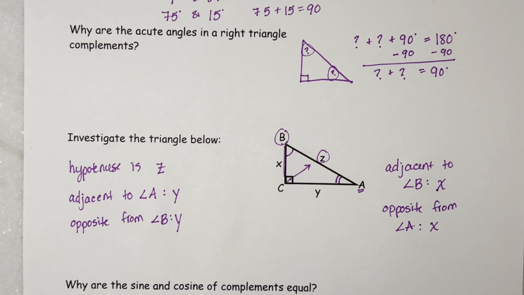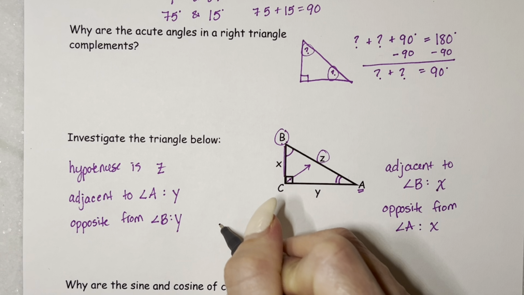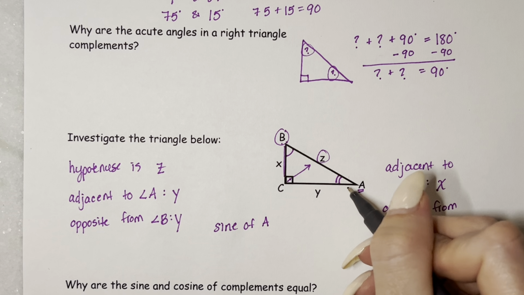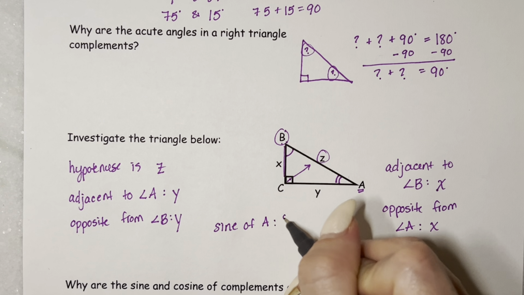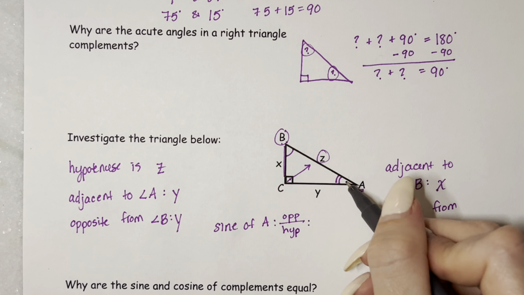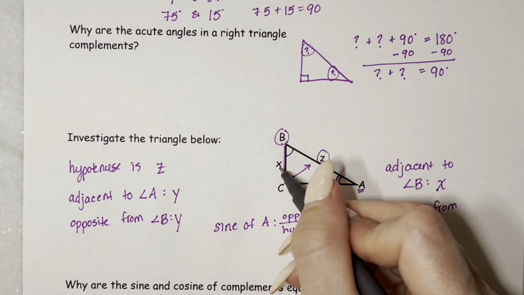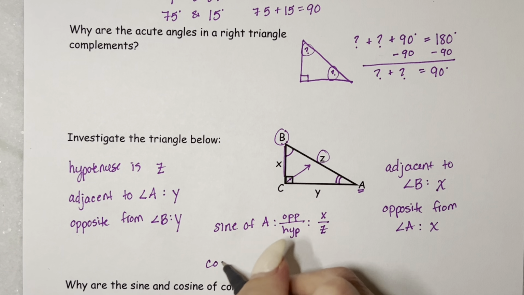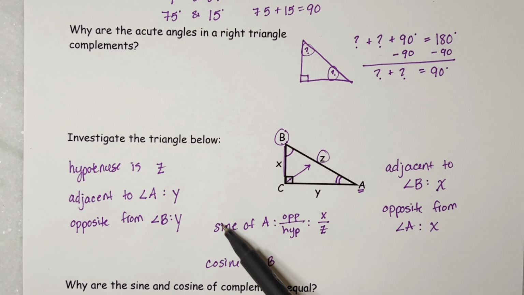So what that means is if I were to write an equation for, let's say, the sine of A, remember the sine is going to be opposite over hypotenuse. So opposite from A is X, and the hypotenuse of this triangle is Z. But at the same time, if I were to write an expression for the cosine of angle B, so now instead of talking about angle A, I'm talking about angle B, but instead of sine, I'm talking about cosine.